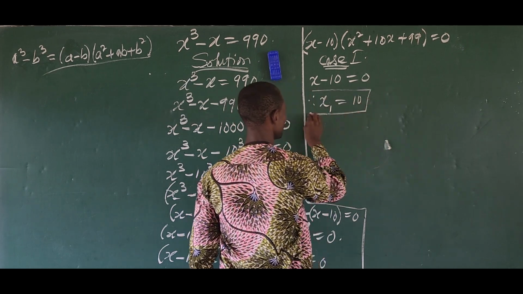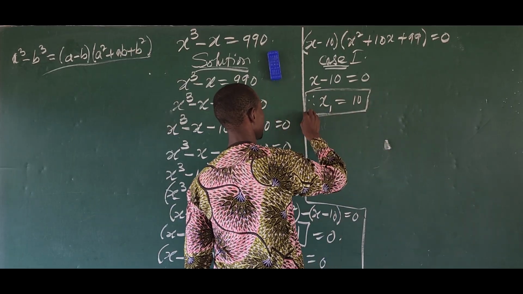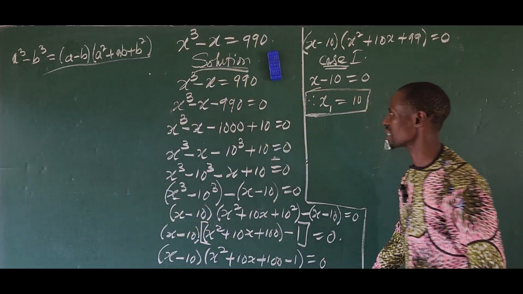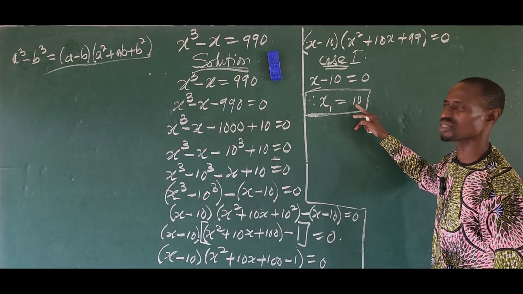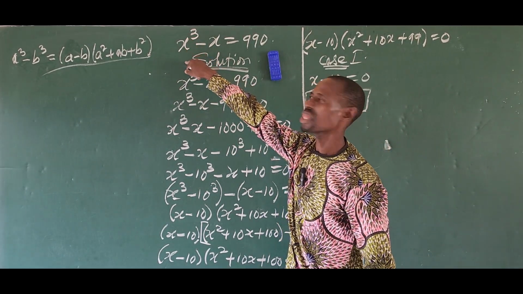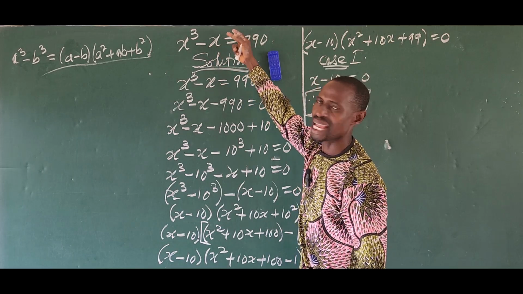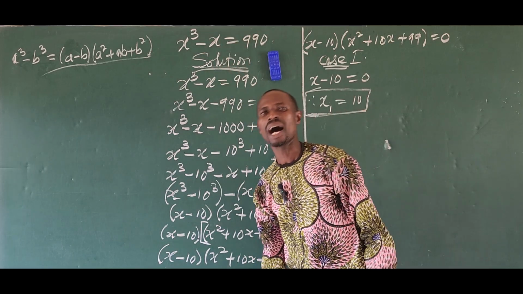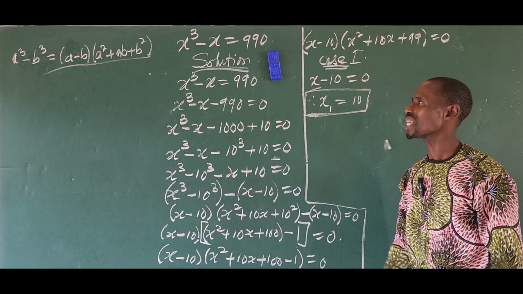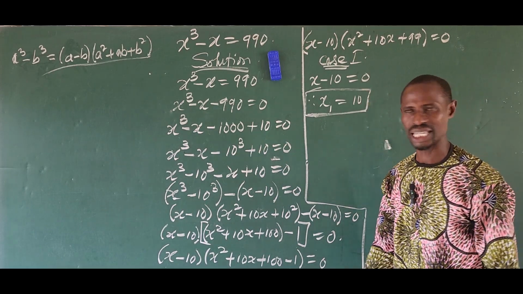So this is the value of our x1 that will satisfy the original equation. And if we have x to be 10, here we have 10 to the power of 3, that will give us 1000 minus 10 to the power of 1, which is 10. And 1000 minus 10 will give us 990.